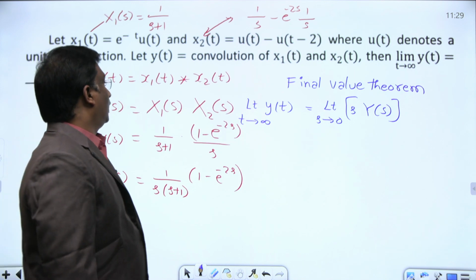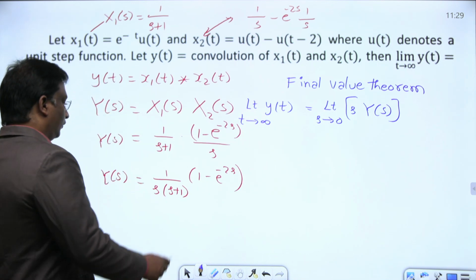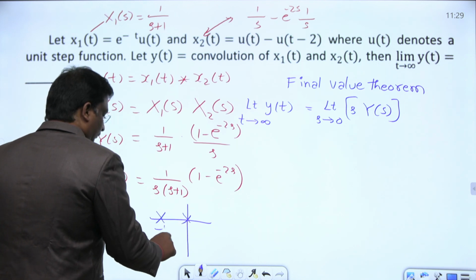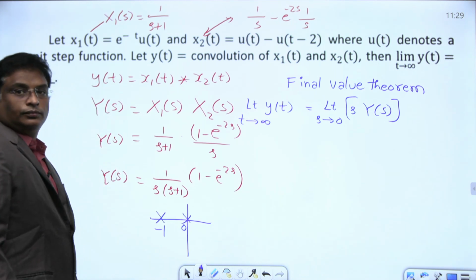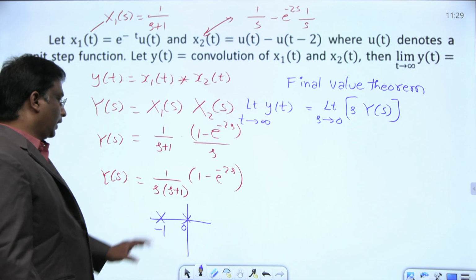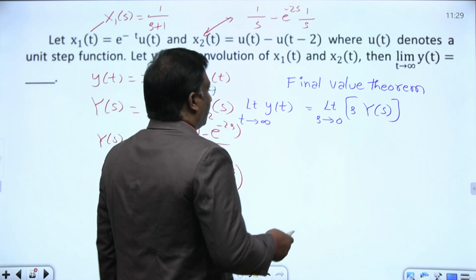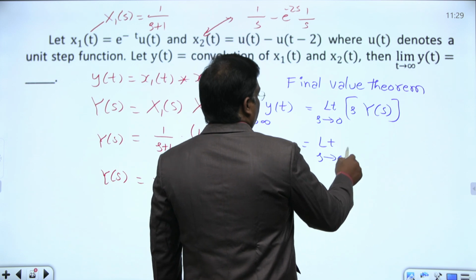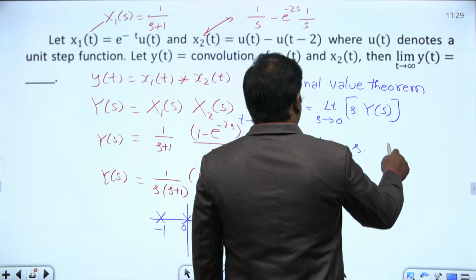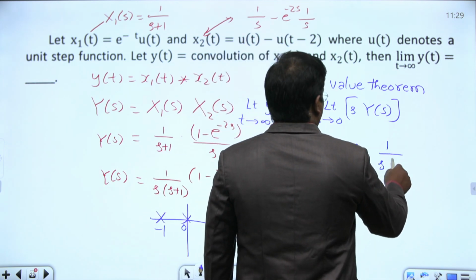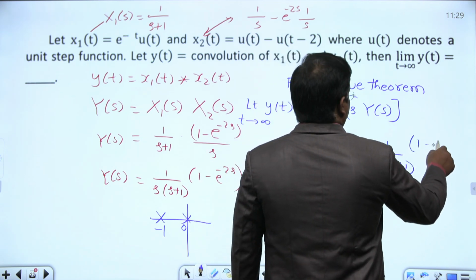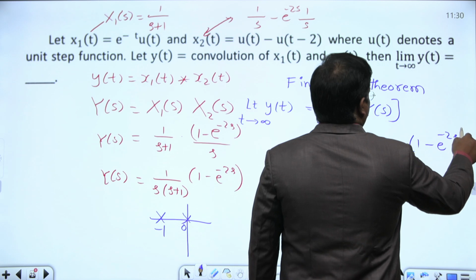Here, if you plot the poles, the system is a stable system, and we can comfortably apply the final value theorem. Therefore, it is the limit s tending towards 0 of s into y of s, where y of s is 1 by s into (s plus 1) into (1 minus e power minus 2s).